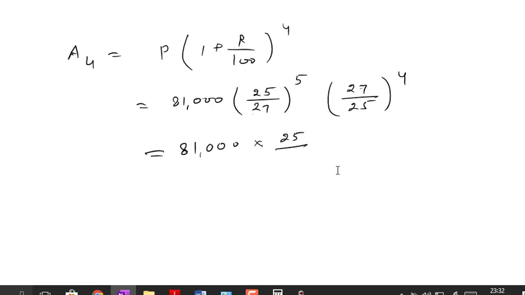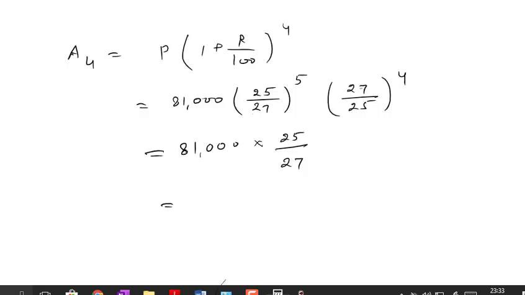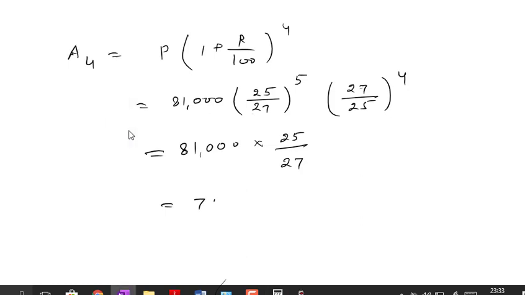So in the numerator I have 25 and in the denominator I have 27. Now I will again calculate. So 81,000 multiplied by 25 divided by 27. When you are doing manual calculation, first divide by 27, so you will get 75,000.